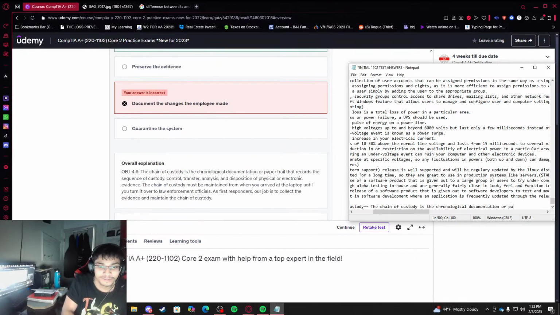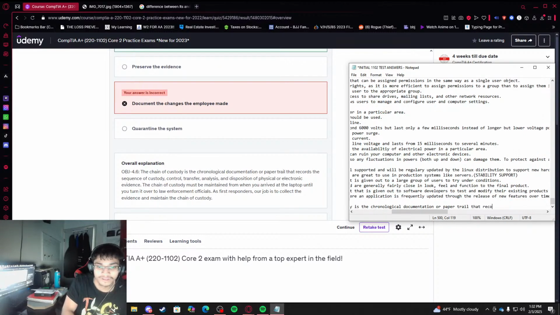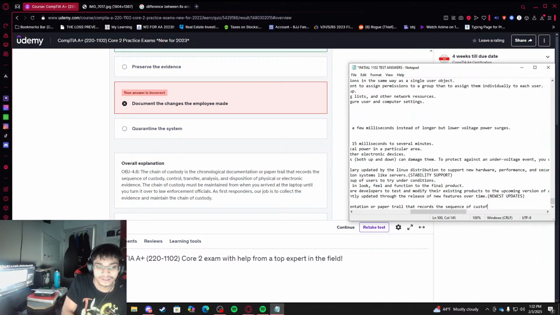Documentation or paper trail that records the sequence, custody, control, transfer.